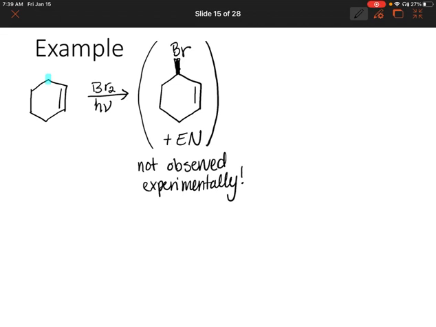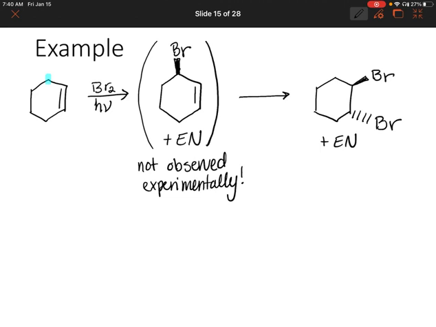Okay, so what do we end up with instead? Well, what scientists find is if we perform this reaction, instead of ending up with the product that we expected, we actually end up performing just a simple halogenation reaction. So the two bromines will add across the double bond, similar to our addition reactions across alkenes. And then we also form the enantiomer.